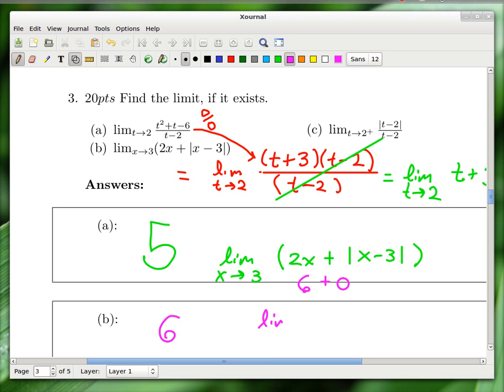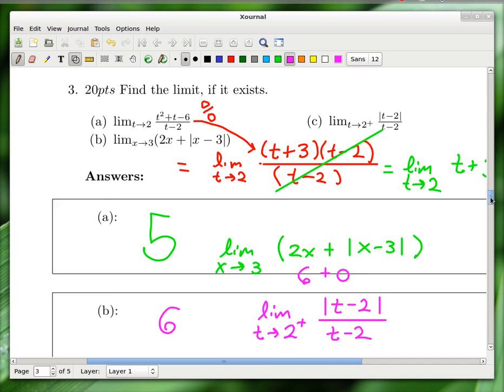So let's look at the limit as t goes to 2 from the... So this plus here is telling you that t is coming towards 2 from the positive side, so that's the right hand side. And then the expression is the absolute value of t minus 2 over regular old t minus 2.